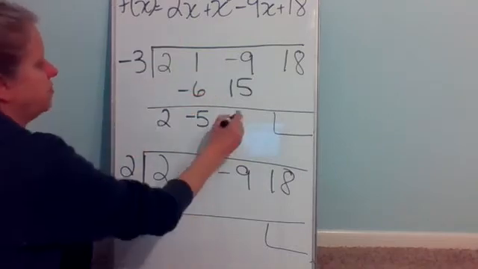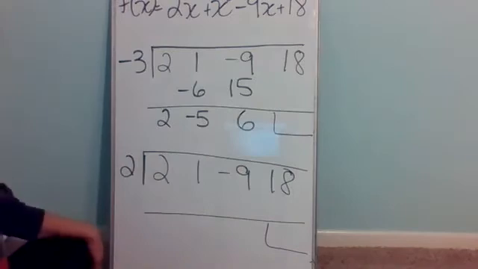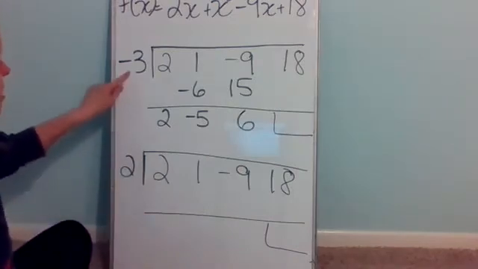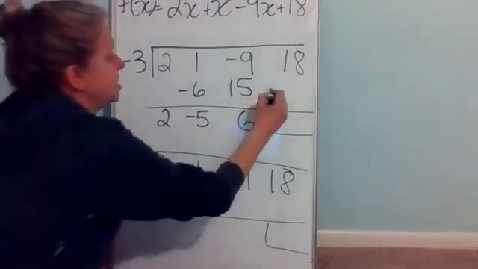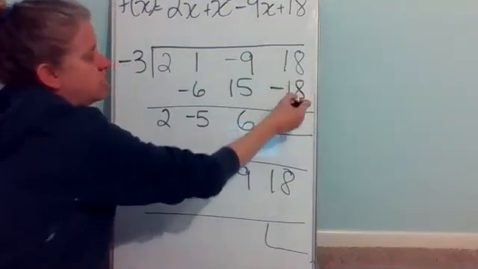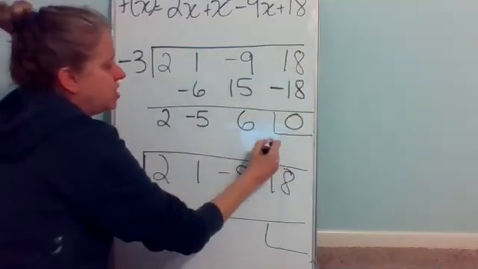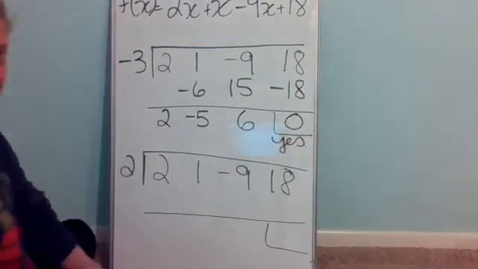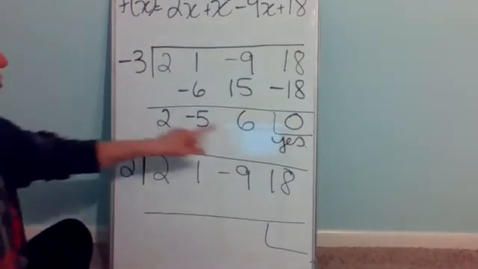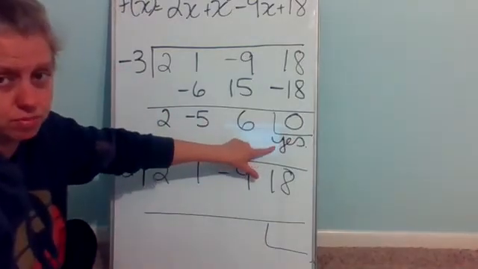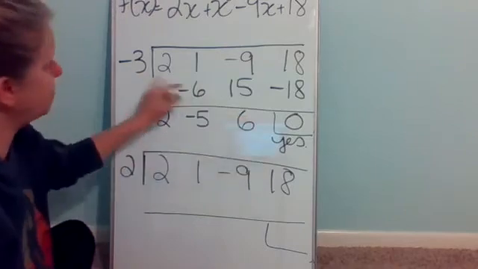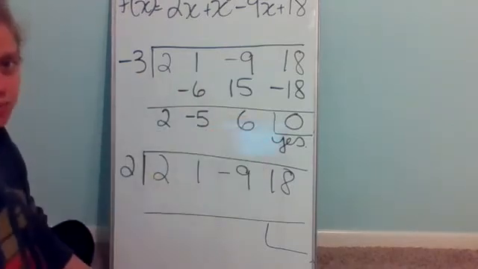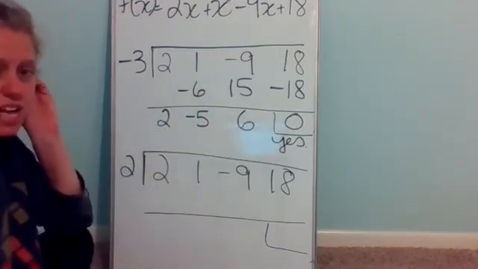Negative 9 and positive 15 gives me 6. And then the last, negative 3 times 6 is negative 18. So when you do add that, you do get a 0, which means, yes, negative 3 is a 0 because f of negative 3 gave me 0. So that's how you get a yes answer.